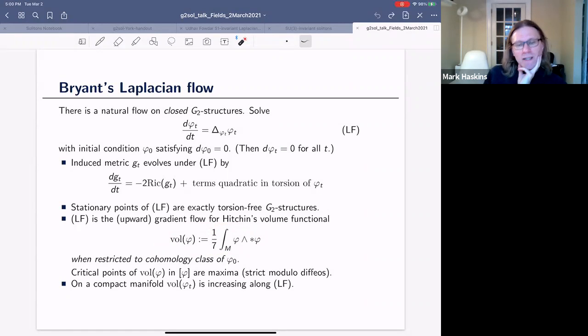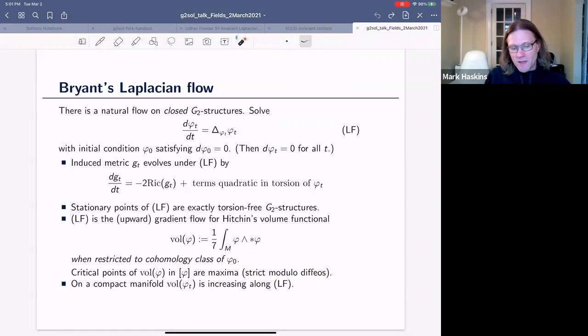Then what Hitchin showed is that the critical points of volume are exactly the torsion-free G2 structures. They're all maxima, or the second variation is less than or equal to 0. And the only 0 directions are the presence of diffeos.